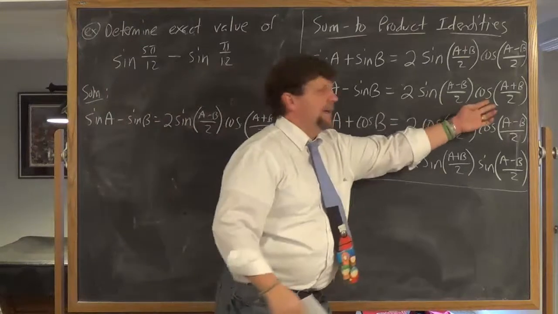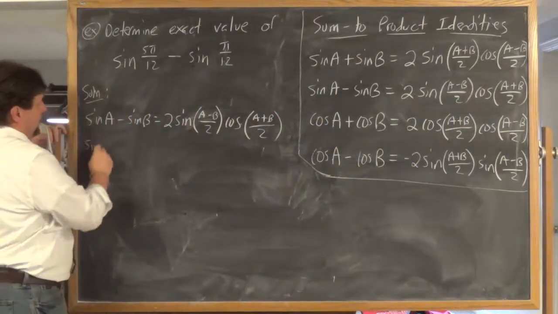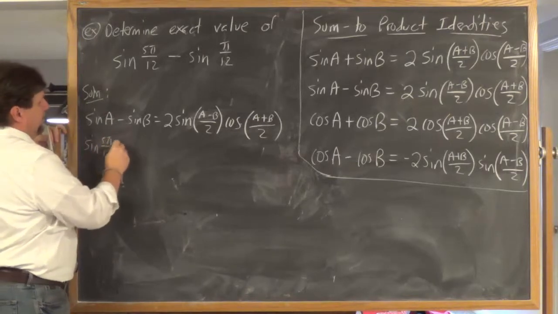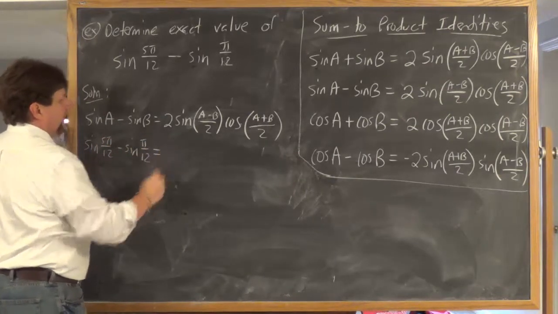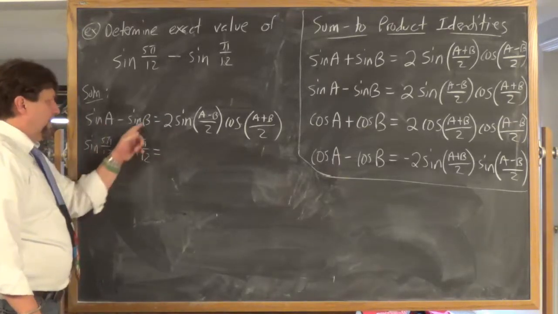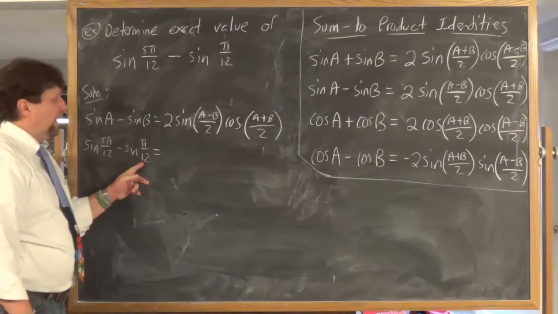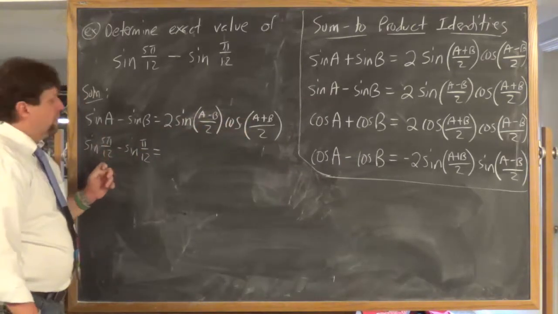So I've just written down the identity. So for the sine of 5 pi over 12 minus the sine of pi over 12, again, it looks like A is 5 pi over 12 and B is pi over 12. So wherever I see an A, I'll toss in a 5 pi over 12.